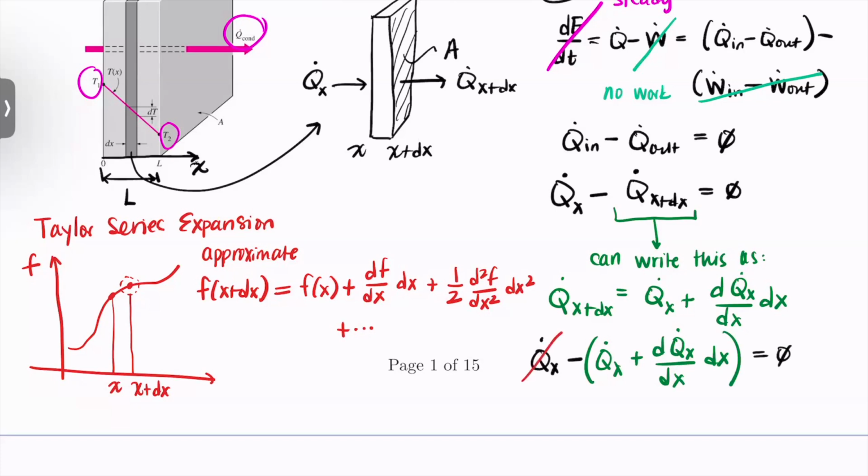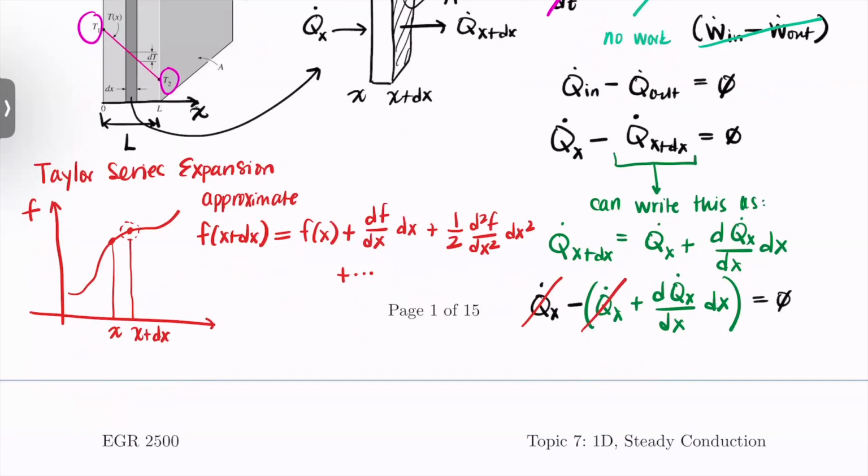So we'll notice that we have a q dot x minus q dot x, and this whole thing then becomes minus dq dot x dx times dx is equal to 0, right? Dx is a little tiny sliver of space, but it is not 0, right? So I can divide through by dx here, and I can just say that dq dot dx is equal to 0.